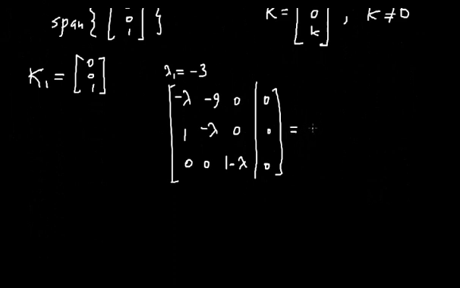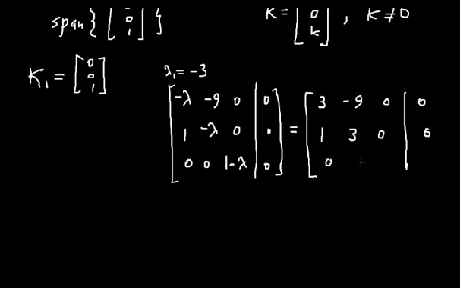Putting that value in, we're going to have the following matrix. -3, -9, oops, sorry, no. Putting -3 into lambda, because lambda had a minus in front here, we get a 3, then -9, 0, then 1, and then again 3, 0, and then we have 1 minus -3, which is 4, right?